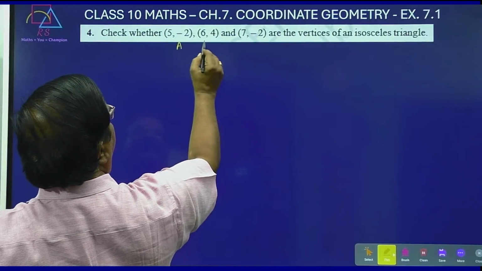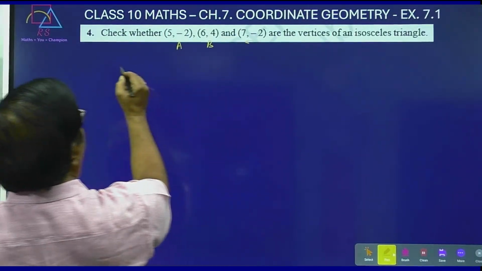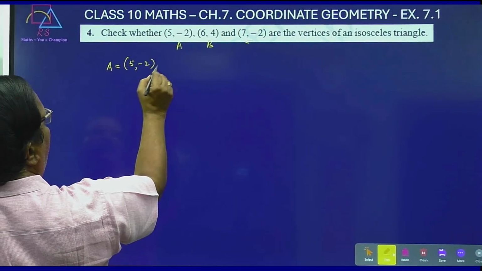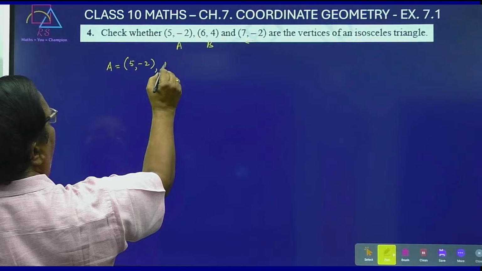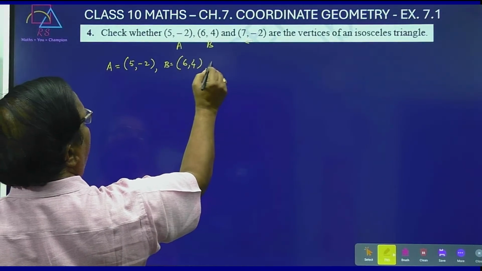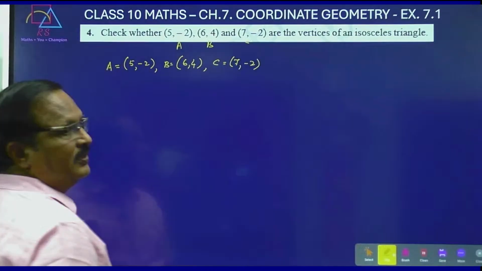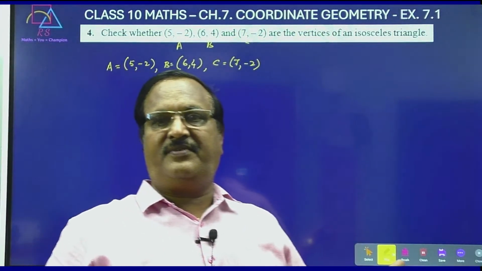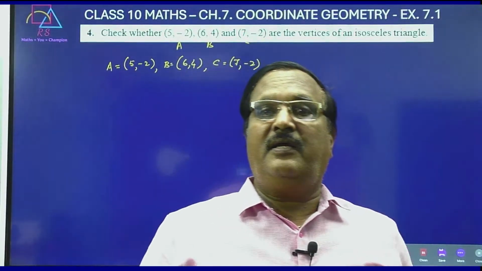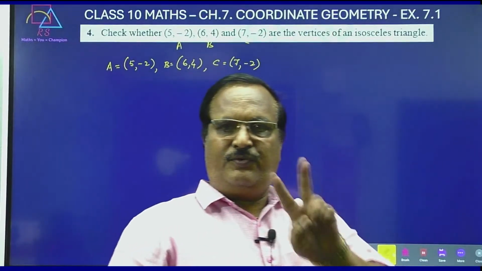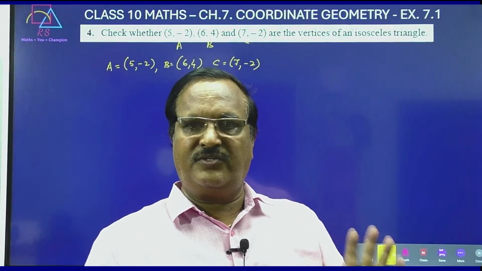Let us say A, B and C. Let us write A is equal to (5, -2), B is equal to (6, 4) and C is equal to (7, -2). You find out AB, BC and AC. If two sides are equal, then it is an isosceles triangle.